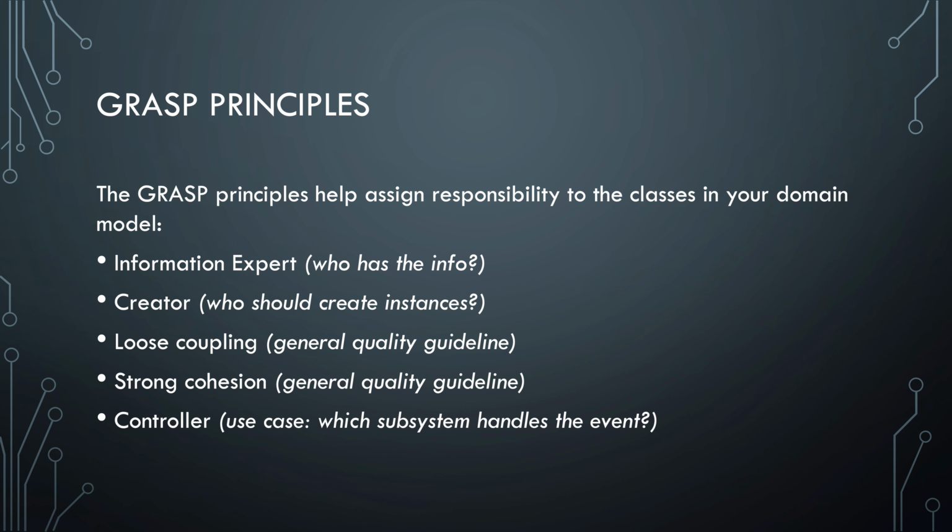These 2 principles are about where the information is stored and who is responsible for creating certain objects in the system. Then we have general quality guidelines of loose coupling and strong cohesion that we already discussed in detail before. Finally, there's the controller principle that tells us which subsystems handle certain types of events or activities in the system.